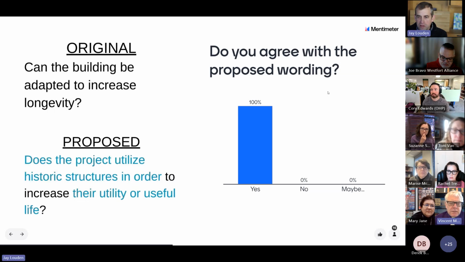Yeah, a lot of people were confused by the idea of increasing longevity. It's sort of an awkward way to say adaptive reuse. So using the words utility or useful got more public understanding. Great. Okay, we've hit our magic 20.